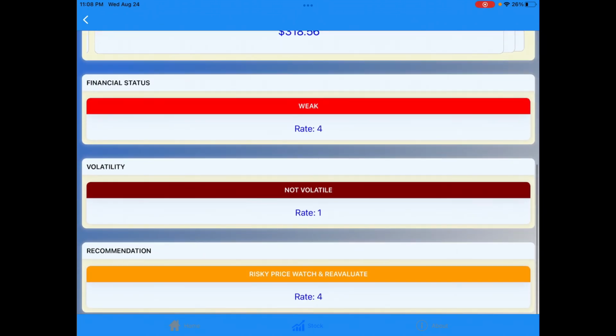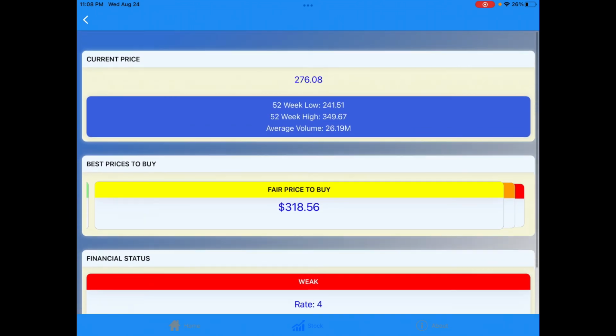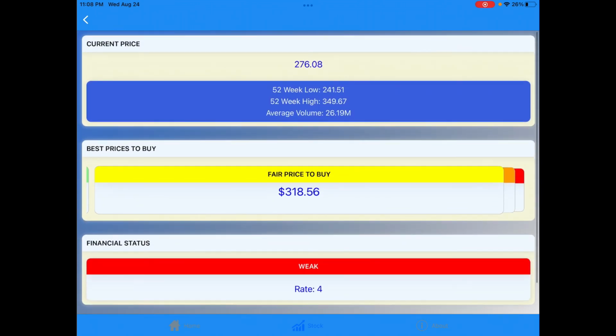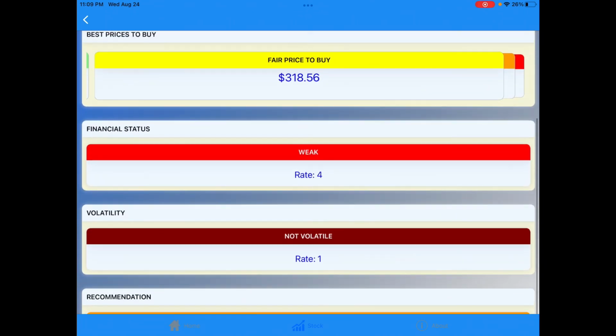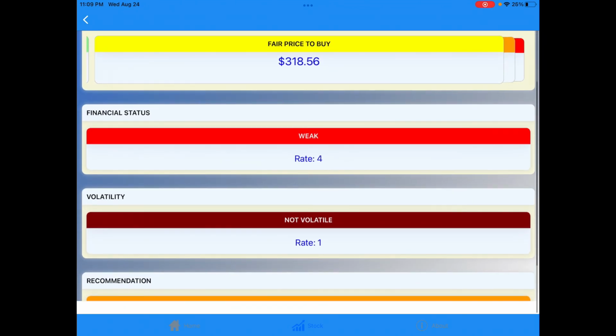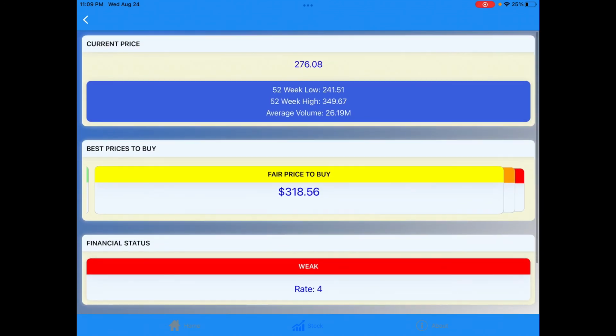It's telling you risky price, watch, and if you buy and it goes up, it's a possibility, but most likely you're gonna face a decline in value, because there are other factors that the recommendation is based on. All these factors: volatility, financial status, and the current price.